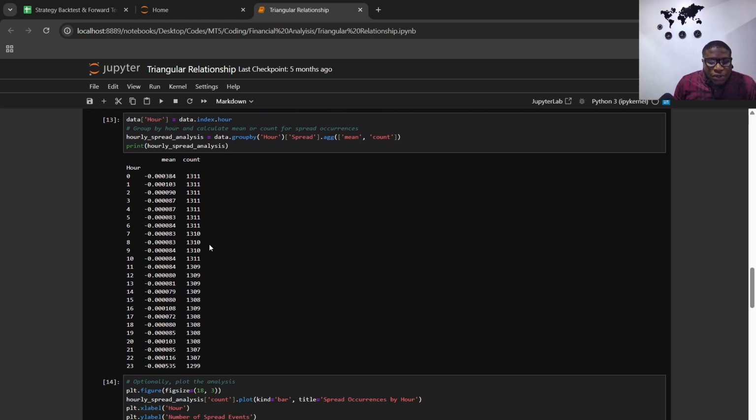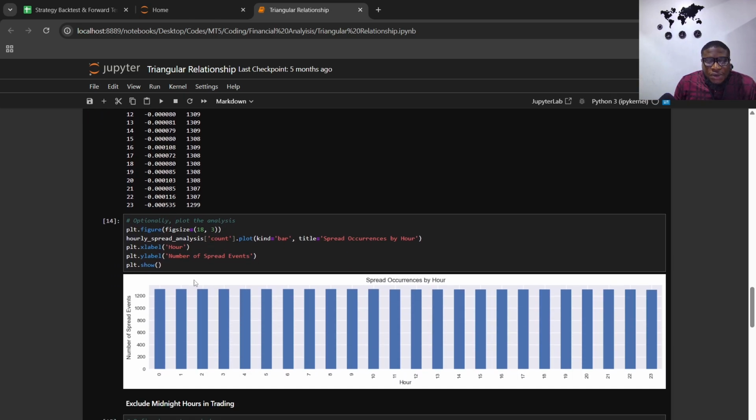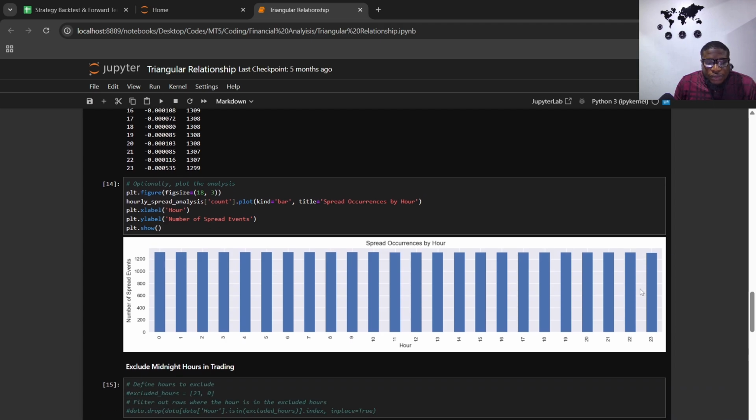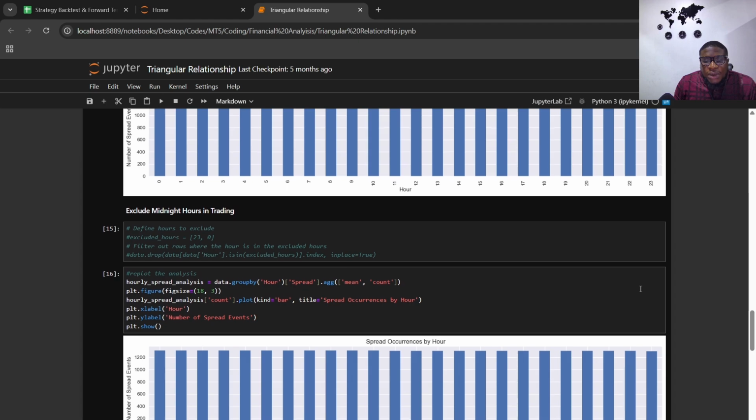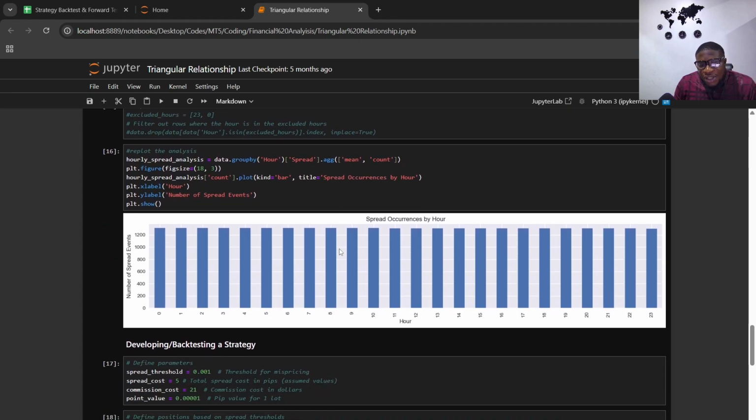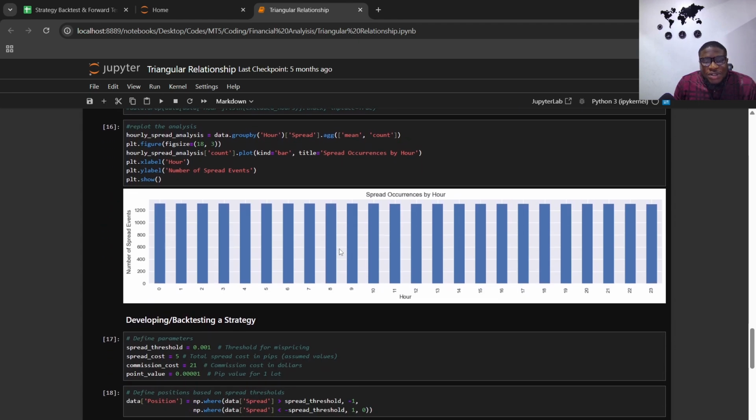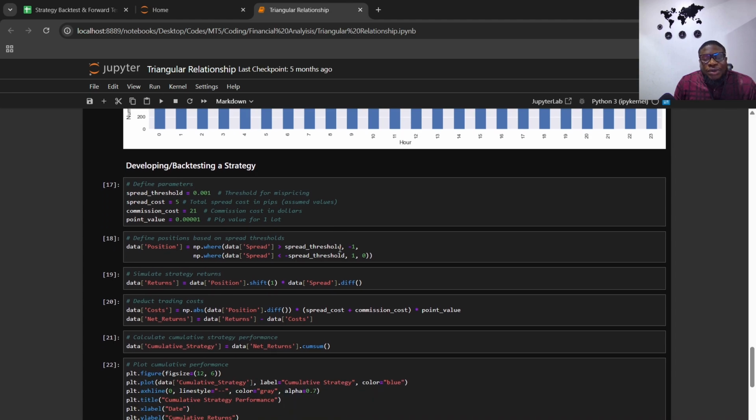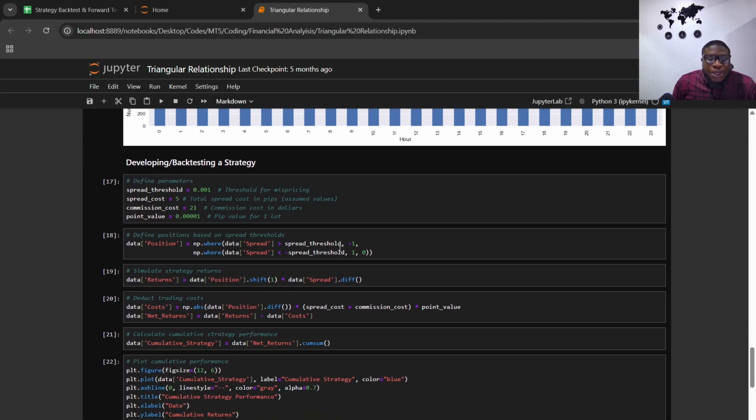We plotted this out here as well, and you can see that they are all on average the same. Now there's something here that we are going to skip. Let's skip this quickly and proceed to develop a strategy that we can use to backtest this.